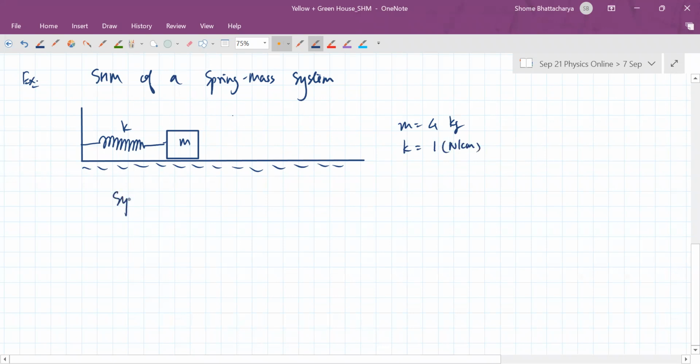The system, on a smooth surface, is initially at rest with the spring relaxed.